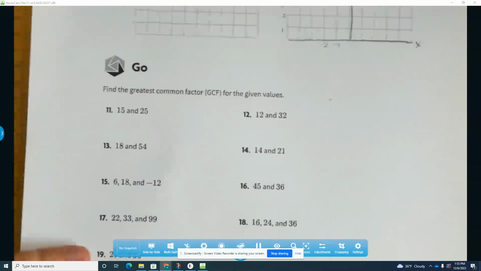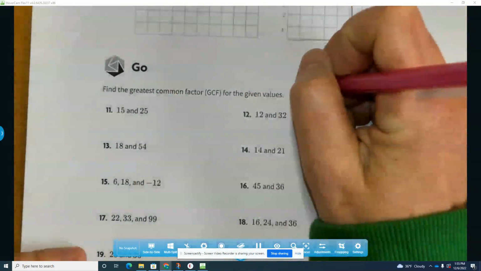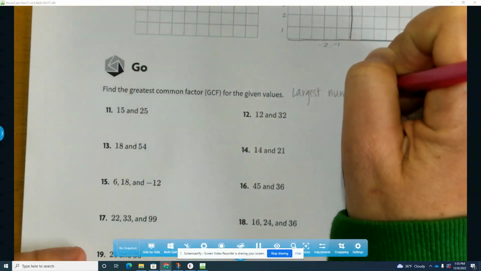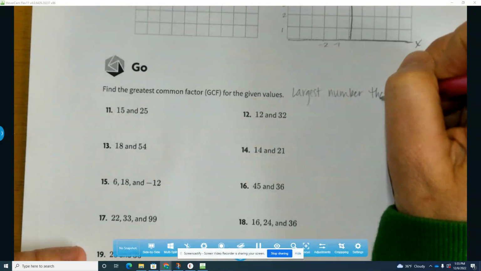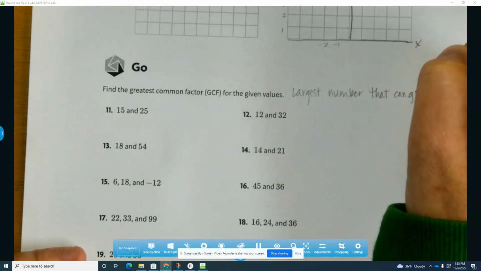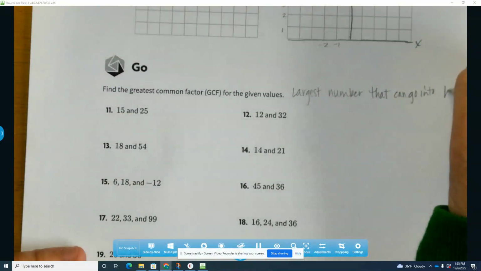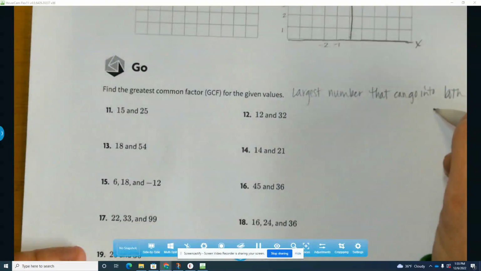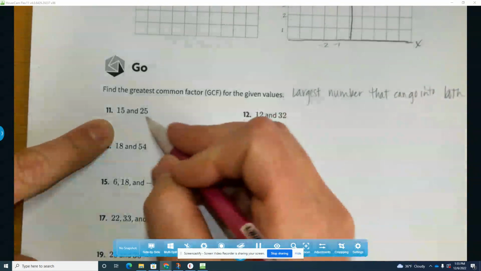Find the greatest common factor. So the largest number that can go into both numbers. Or in other words, the largest number that both numbers can be divided by.